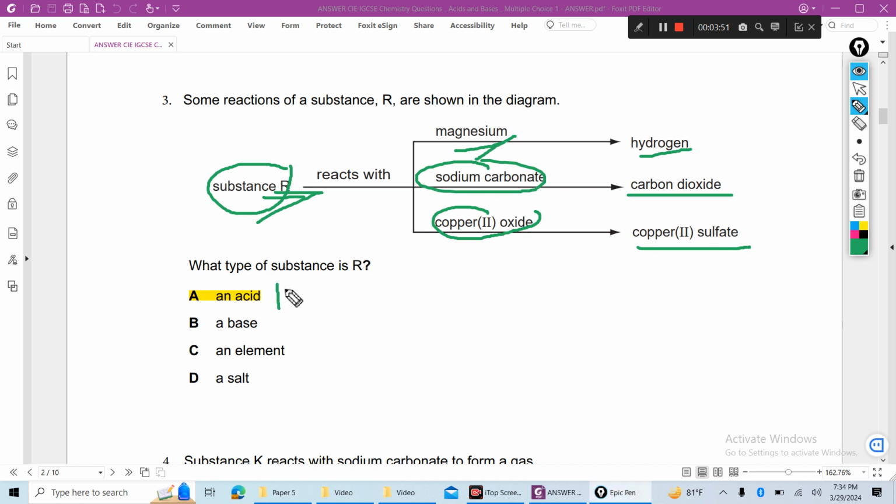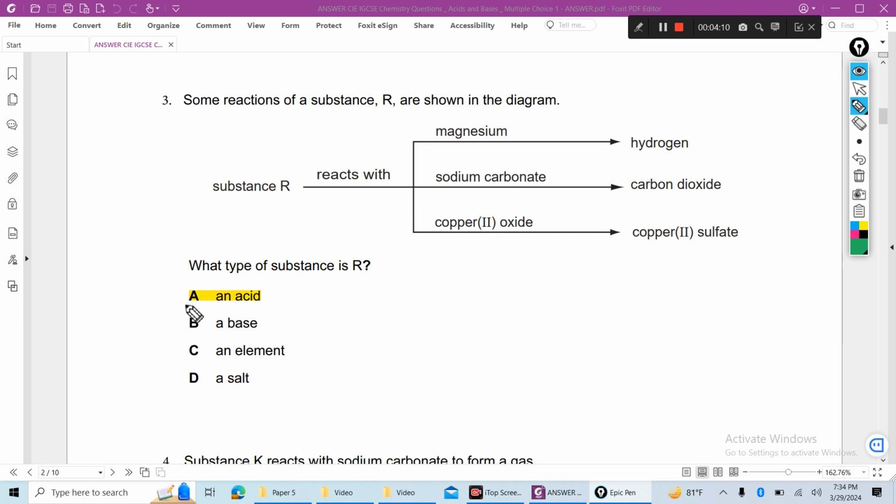Because R is sulfuric acid, and sulfuric acid reacts with copper 2 oxide to produce copper 2 sulfate. Answer is A. Base does not react with metal. Base does not react with sodium carbonate. So the answer is A. Now next.